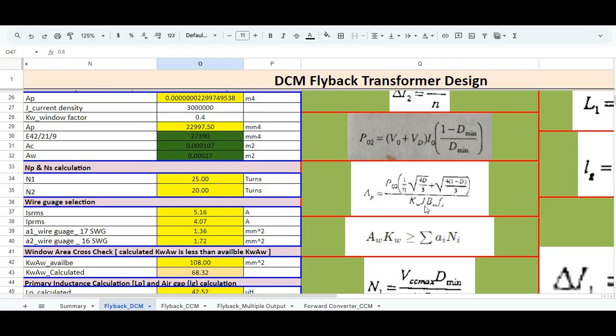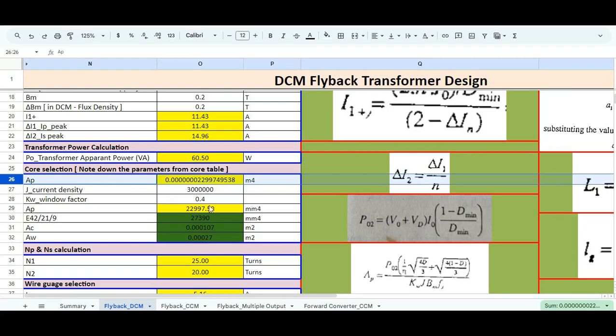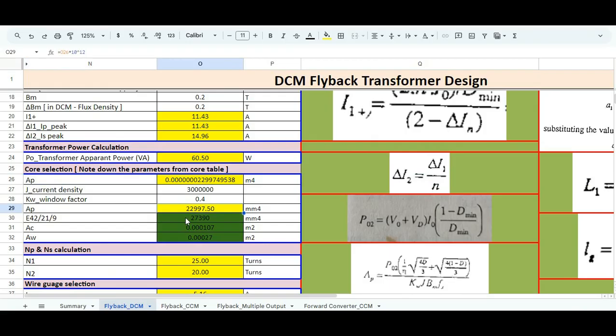J means current density, B is maximum flux, and Fs is the switching frequency. If you put all the numbers here, the area product comes around 20,997.5, and this is in mm to the power 4.